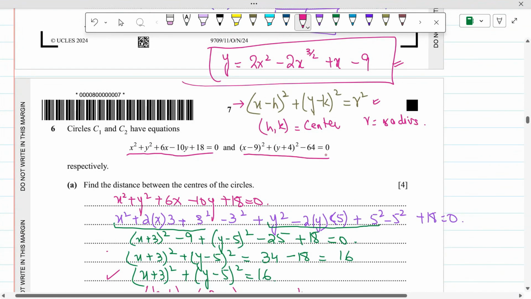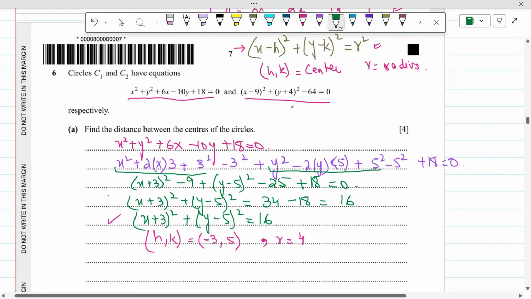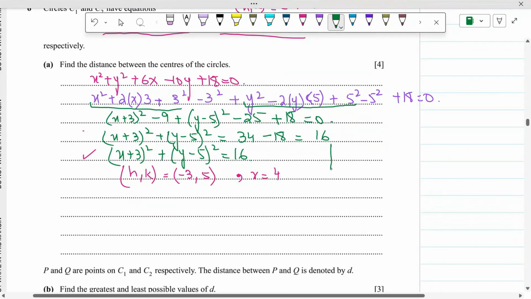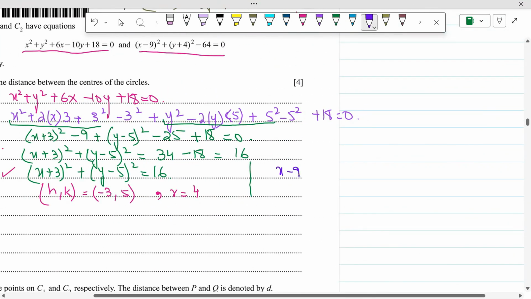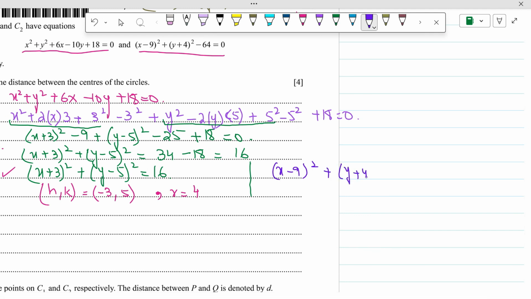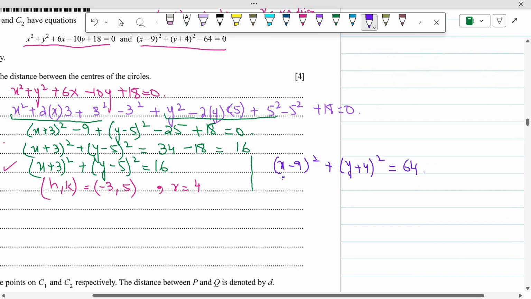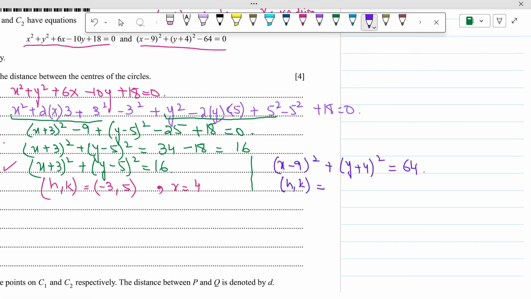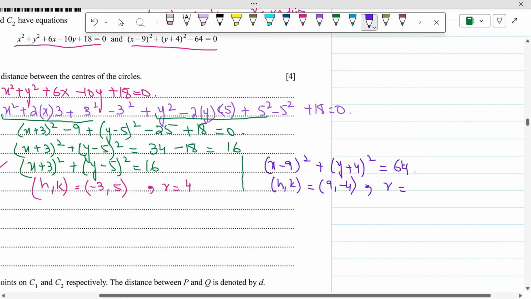When we compare the second equation with this format, we have (x minus 9) whole square plus (y plus 4) whole square equals 64. In this case, h comma k is 9 comma negative 4, and the radius squared is 64, so taking the square root, we get r equal to 8.